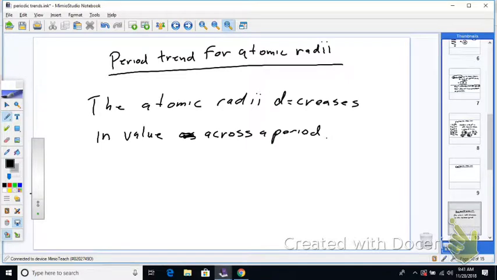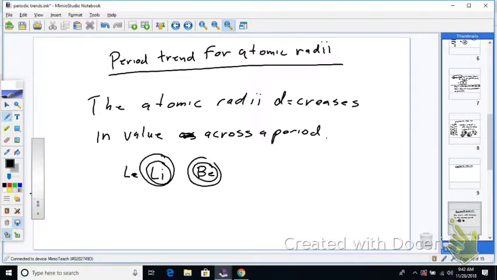So I'll start with lithium. Lithium is here, the first one, and we'll draw lithium with 2 circles. Then we go to beryllium, and we'll make that a little bit smaller.